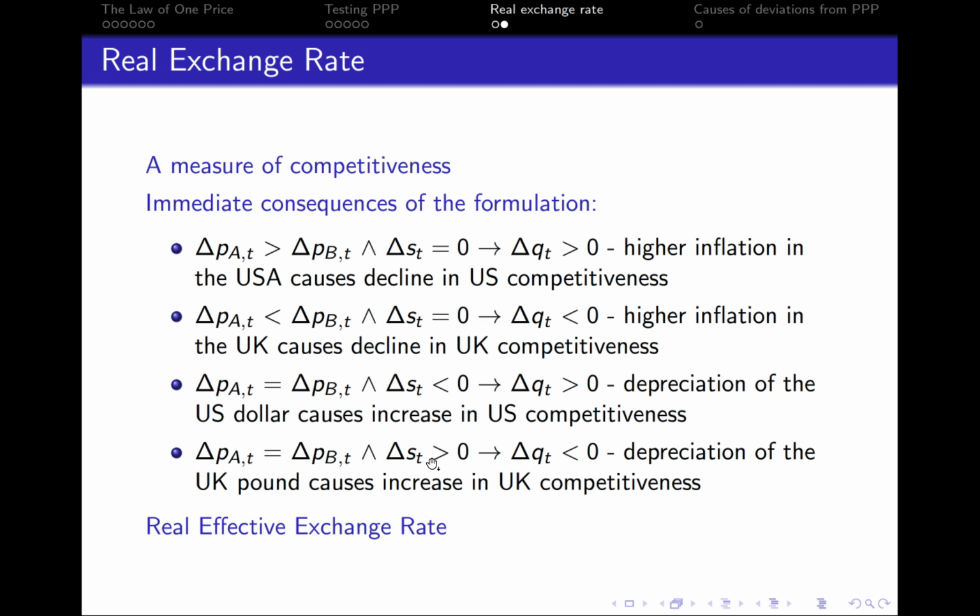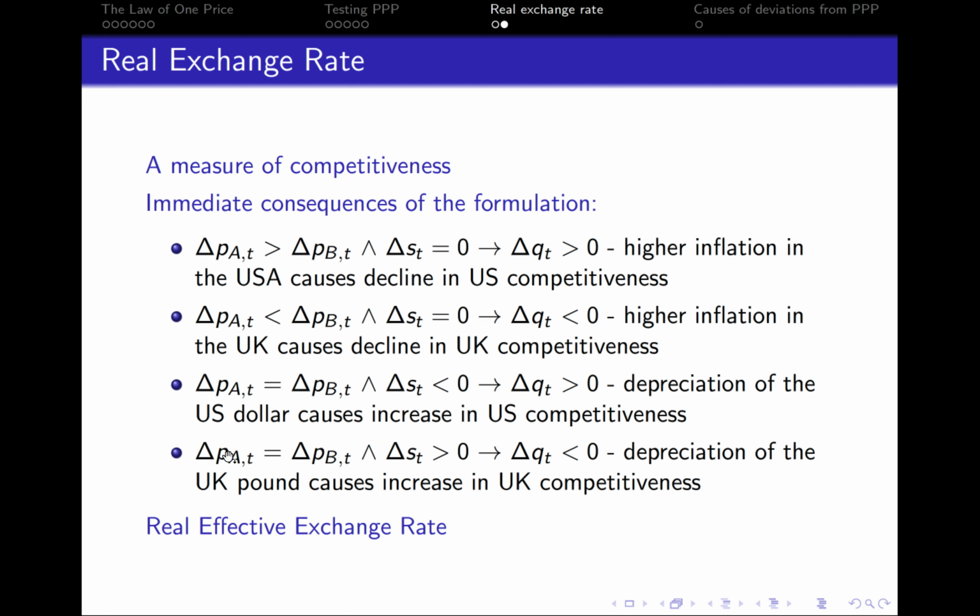And it works the same for the British economy. Now, if I need to pay more pounds for 1 US dollar, it means that if I live in Britain, then purchasing goods in the United States became more expensive for me.